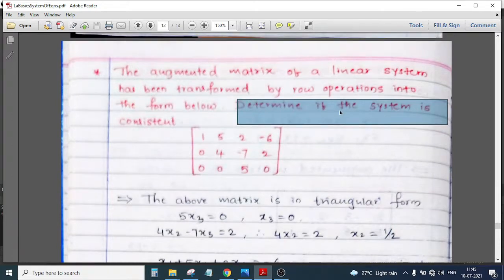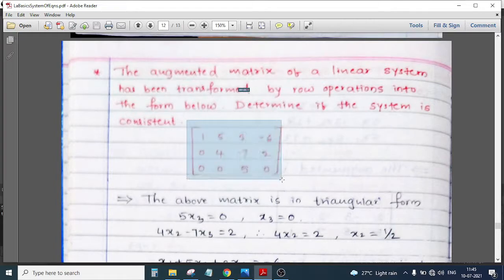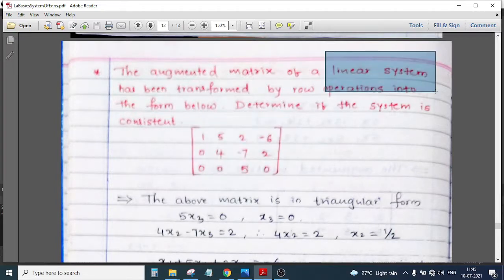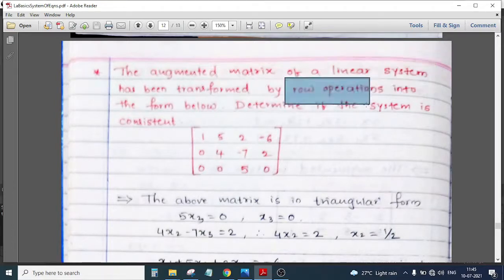So they have directly given you the augmented matrix of a linear system, and it has been already transformed by row operations. They have done some row operations and changed the matrix, and that matrix has been given here.